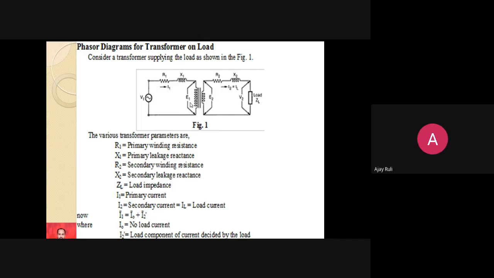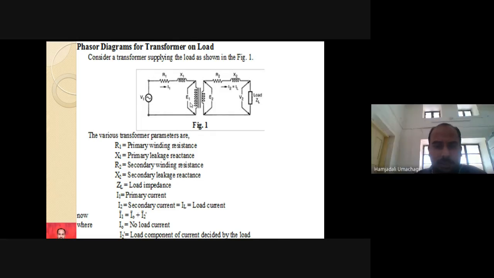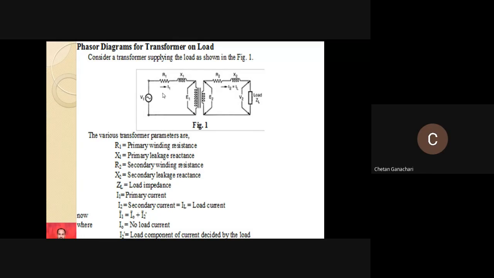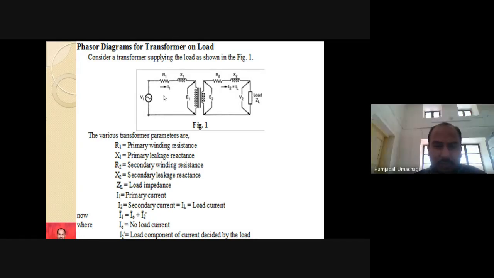Sir, if we take the loop anti-clockwise, it will not give the same answer. See, the source is V1. If you move in the same clockwise direction, all are positive drops only: I1 R1, I1 X1 plus E1.